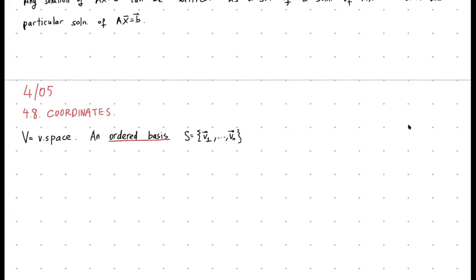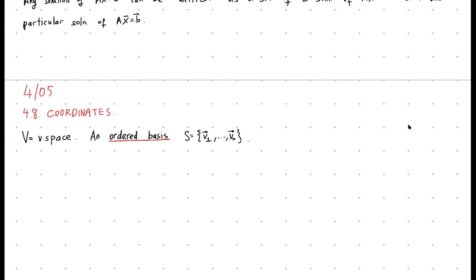What do we mean by ordered basis? It is a basis, that's the first thing, and the second thing is that the order of the elements is important here. So we don't change the order of vectors v1, v2. The order is important for our discussion. That's what ordered basis means.